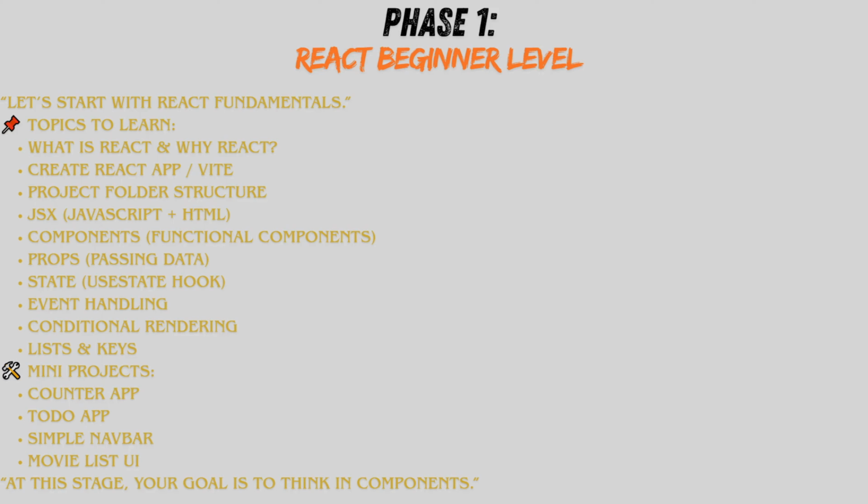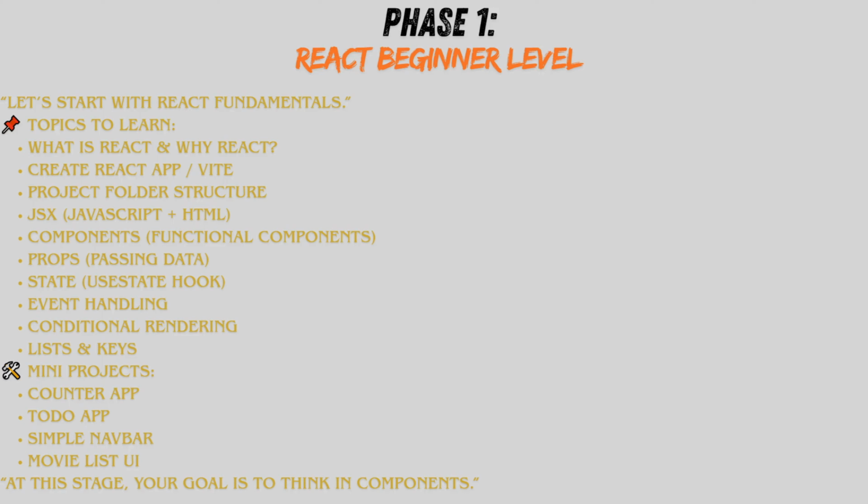At the beginning level, we will cover all the basic concepts of React.js. This is a description of that phase. You can see the topics we will learn in the beginning phase: what is React and why we use React.